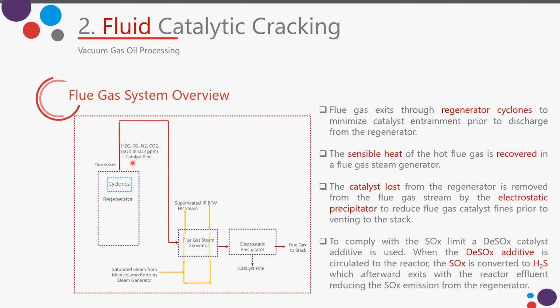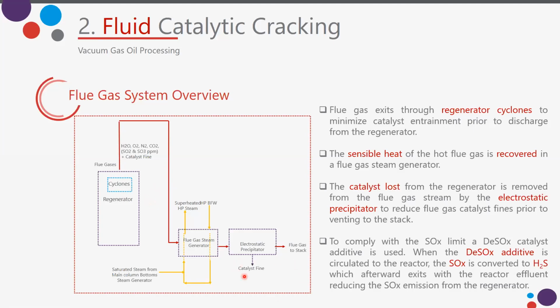The catalyst fine is the smallest particle size of the catalyst, okay? Can it be reused? We have some catalyst, we need to have some catalyst fines, but we cannot recover 100% of it, even using the cyclones in the regenerator. Always we will have some loss of catalyst in these flue gases. I mean, after the electrostatic precipitator, it is fine.